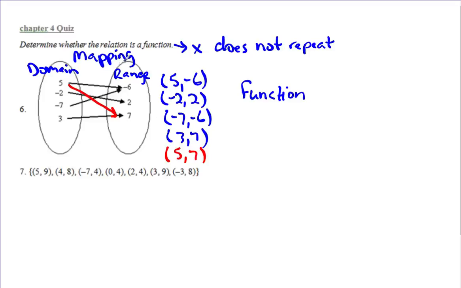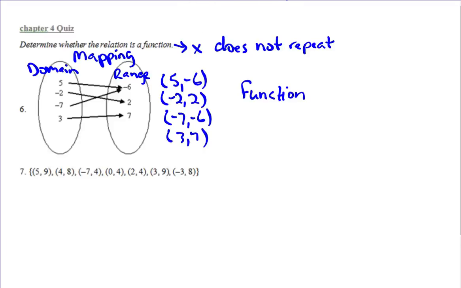So if you want to know if a mapping is a function, you look at all the numbers over here and they can only have one arrow from each value. So if you ever have more than one arrow starting at something on the left, not a function. If that's confusing to you, if you just list the points, you can just look at the points. Looking at the points is pretty easy to determine if x repeats or not.